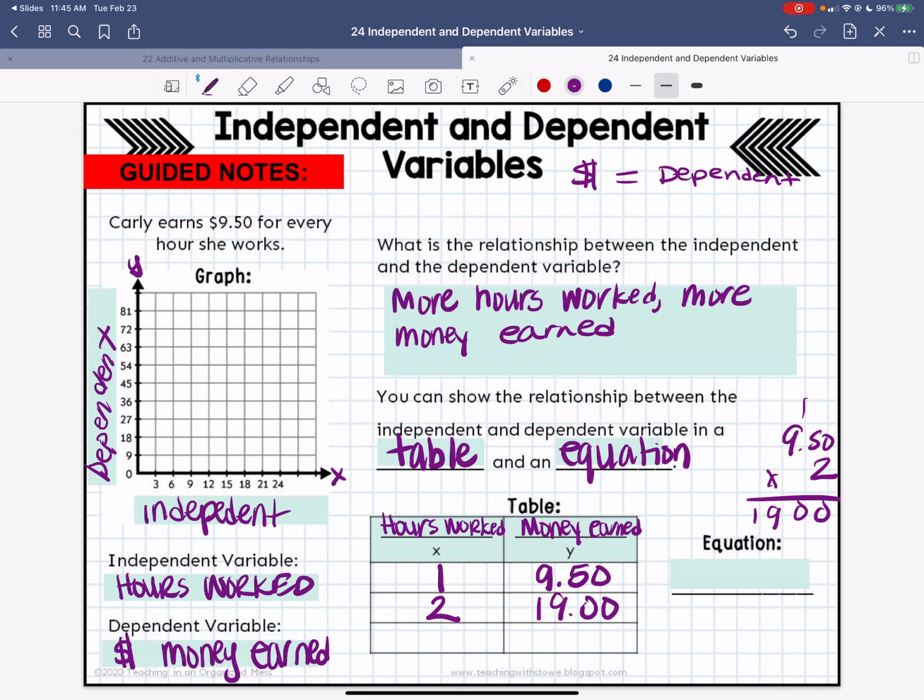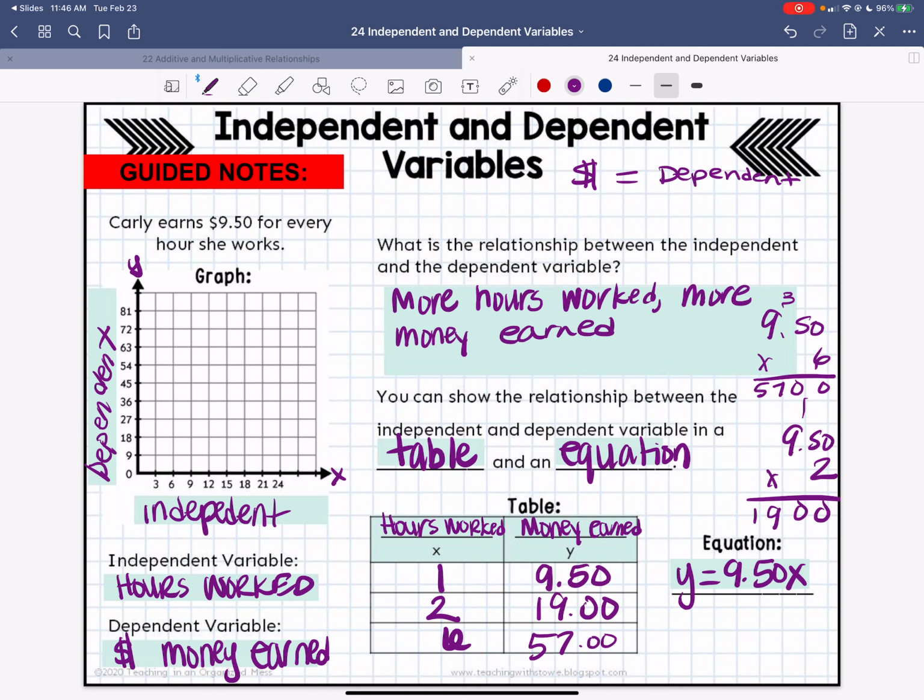Let's just make one up and say, let's do 6. So $9.50 times 6, $57. Okay. And I am multiplying every time. So I'm doing Y equals $9.50 times X.